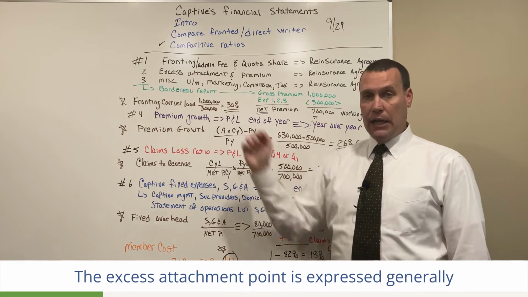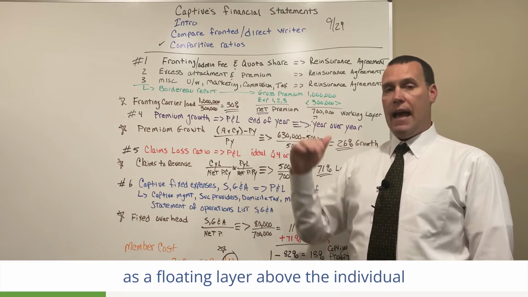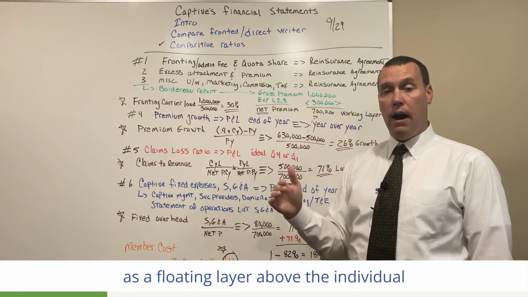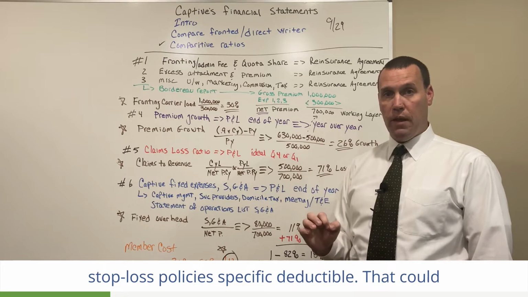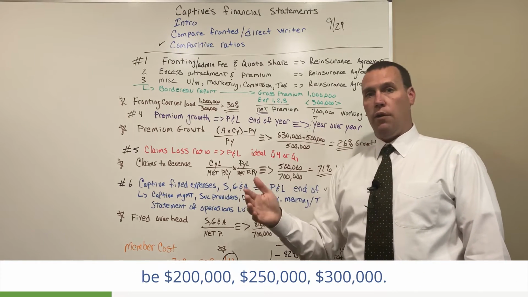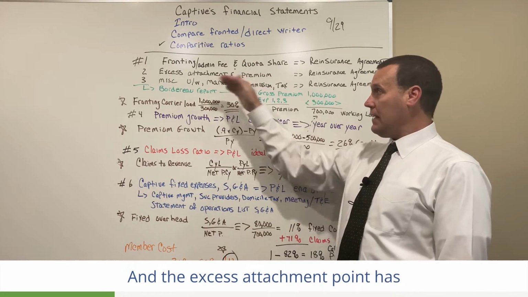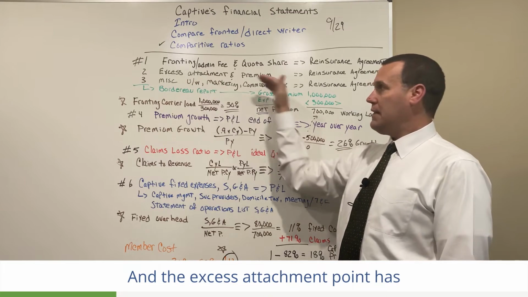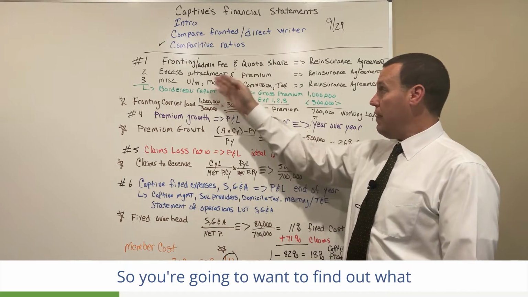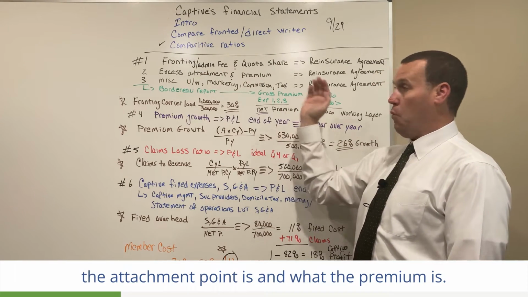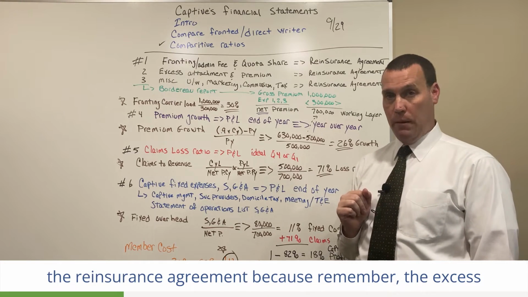The excess attachment point is expressed generally as a floating layer above the individual stop-loss policy's specific deductible. That could be $200,000, $250,000, $300,000, and the excess attachment point has a premium associated with it. So you're going to want to find out what the attachment point is and what the premium is, and that too will be expressed in the reinsurance agreement.